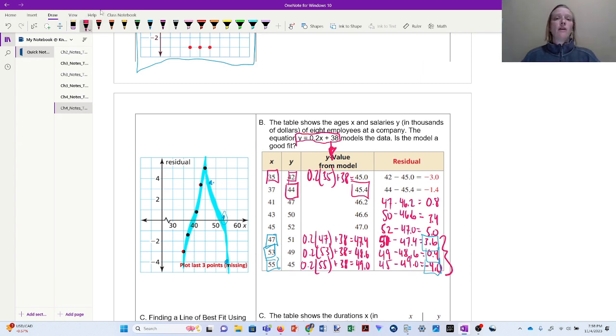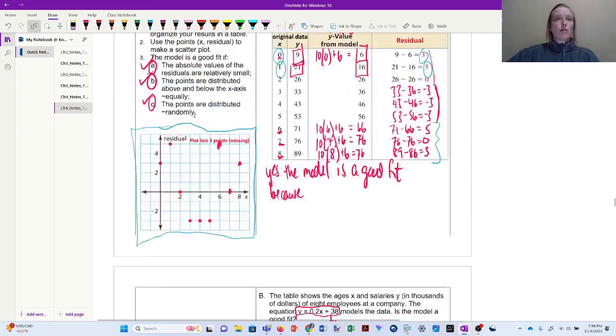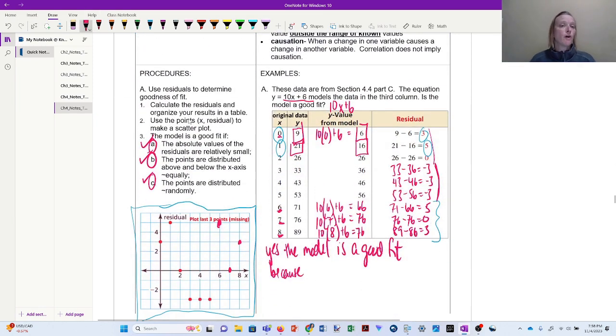Whenever any of those 3 checks are false, then the line is not a good fit. So in this case, the absolute values were relatively small. The points were distributed above and below the axis approximately equally. That was kind of true, but the points were definitely not distributed randomly.